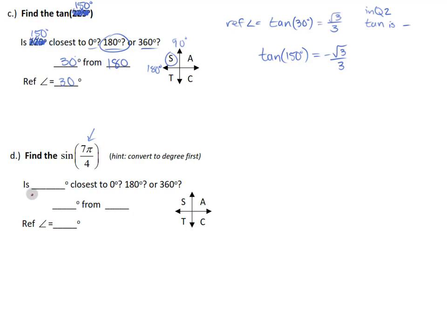So now they've given me one in radians, and they've given you a hint: convert to degrees first. So 7 pi fourths, you can think of pi fourths as 45 degrees itself. So you can say we have 7 of them and multiply, or I actually know that if this was 8 pi fourths, that's 2 pi.